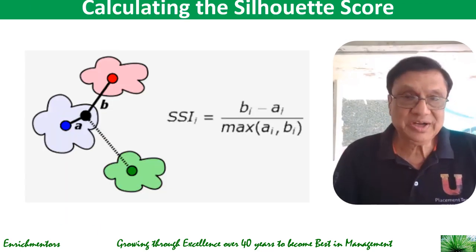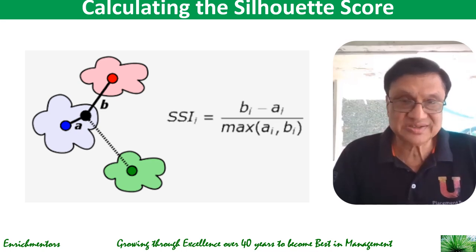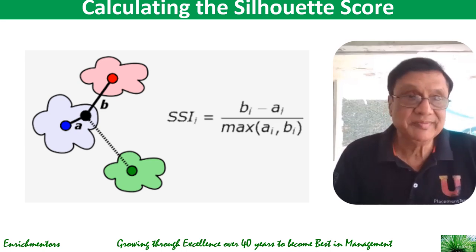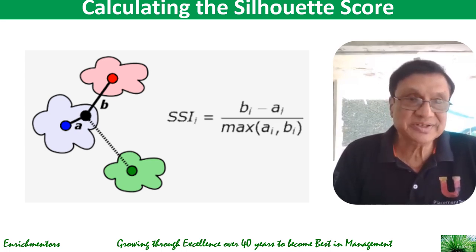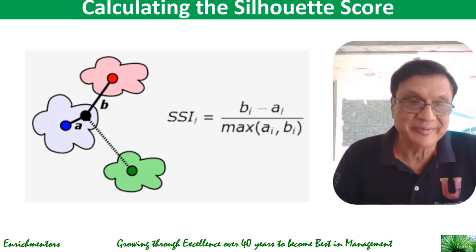As you see on your screen, there are three clusters. For each data point i in the data set, let's look at the cluster in which it resides. First, you calculate the average distance between point i and the other data points in the same cluster, and this is denoted as a(i).